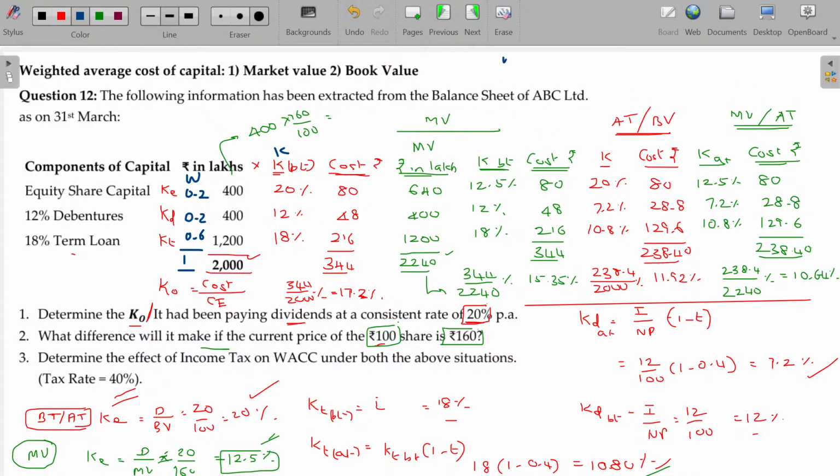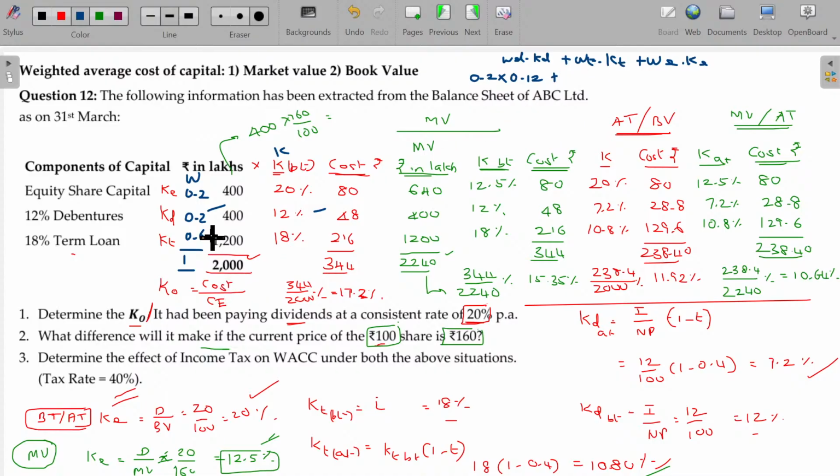The formula is weight of debt times cost of debt, plus weight of term loan times cost of term loan, plus weight of equity times cost of equity. In this case, weight of debt is 0.2, cost of debt is 0.12, that is 12%.